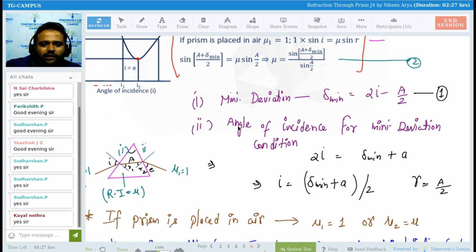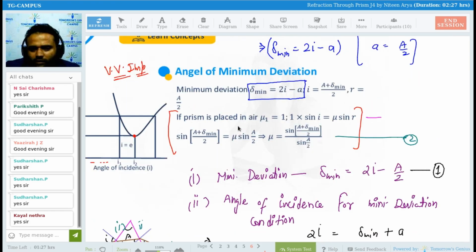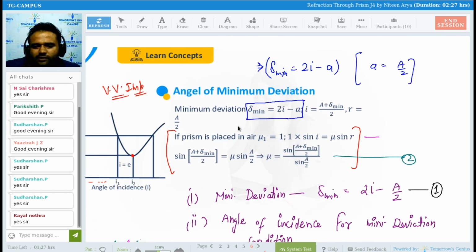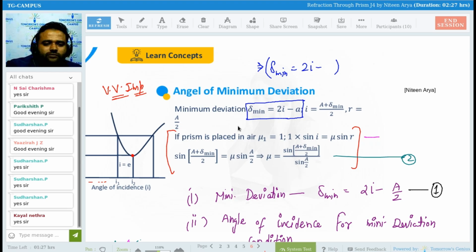Instead of small a, it is going to be capital A. And here as well. Simple. You don't need this. You don't need this.